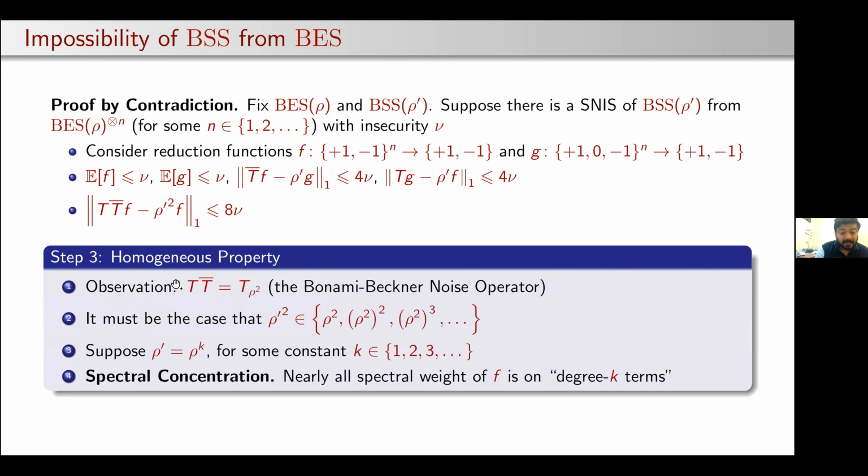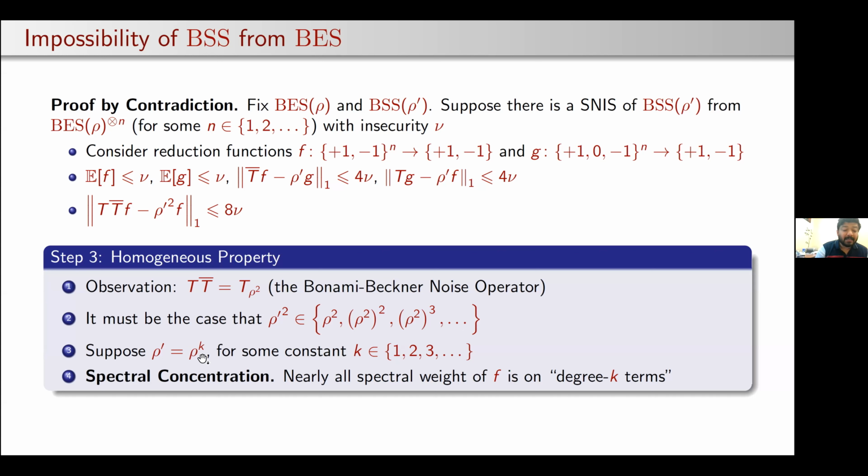The first observation is that the product of the matrices T bar in fact corresponds to the Bonami-Beckner noise operator T subscript rho square. Then one can study the Fourier spectrum of the reduction function f to conclude that the maximal correlation of the target must be an integral multiple of the source maximal correlation.